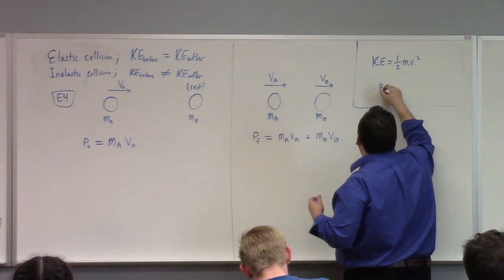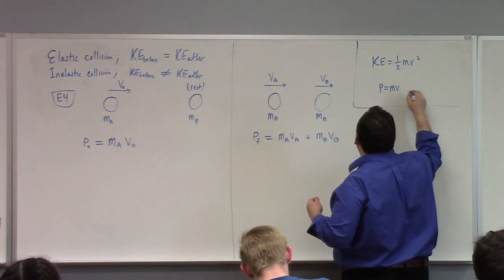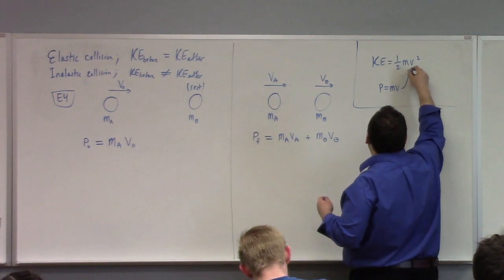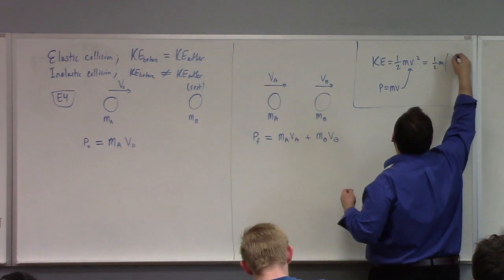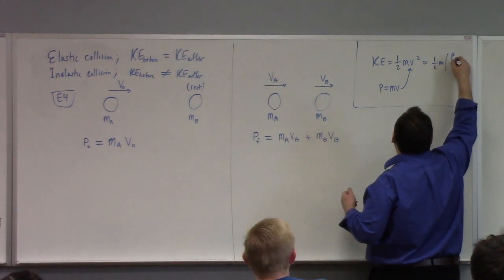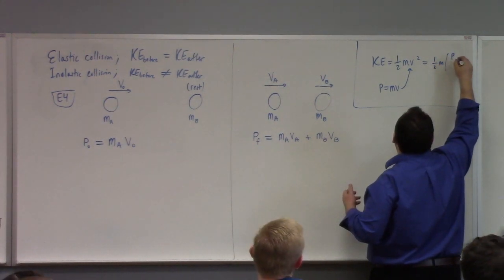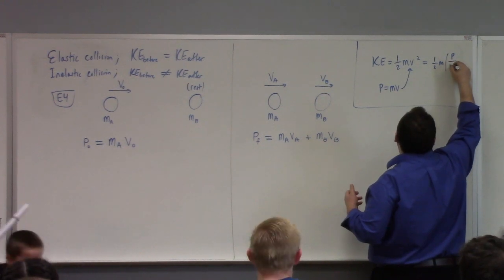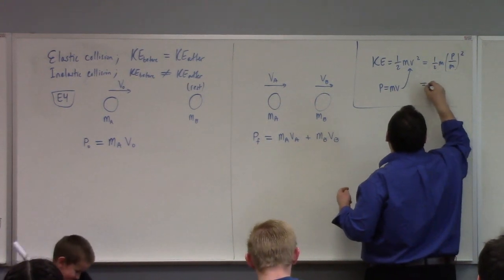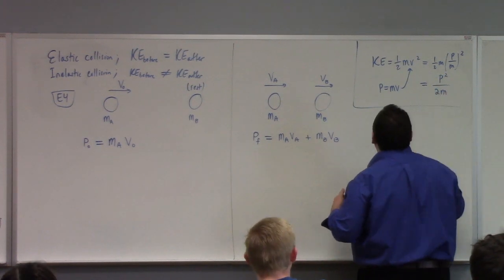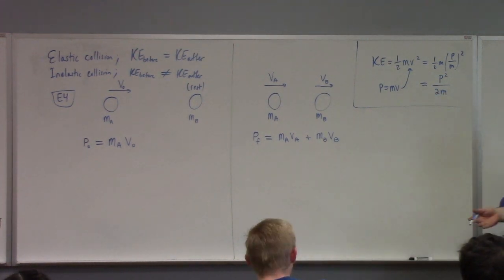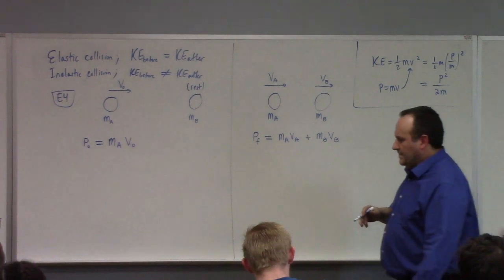But since P is equal to mv, that makes V equal to P over M. So another formula for kinetic energy is P squared over 2m. If you know the momentum, you can figure out the kinetic energy from the square of the momentum divided by twice the mass. I don't know if I really need that for this problem. It just occurred to me I should tell you guys that.